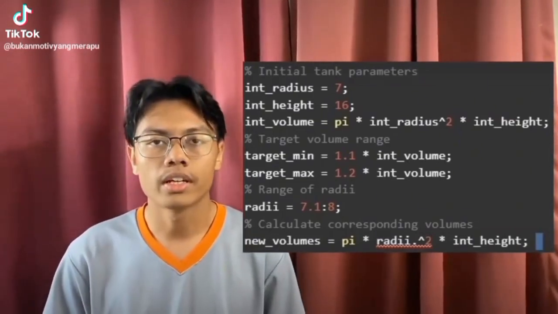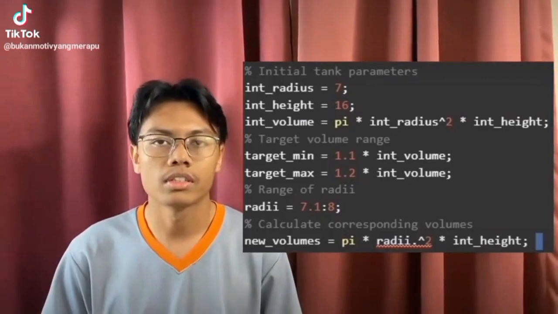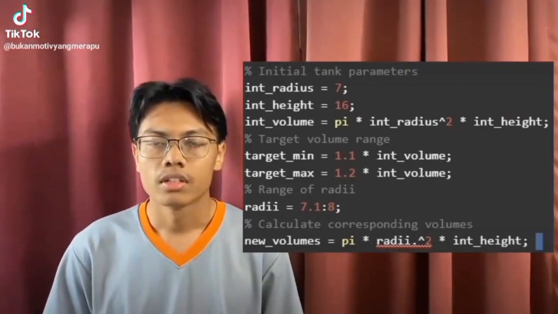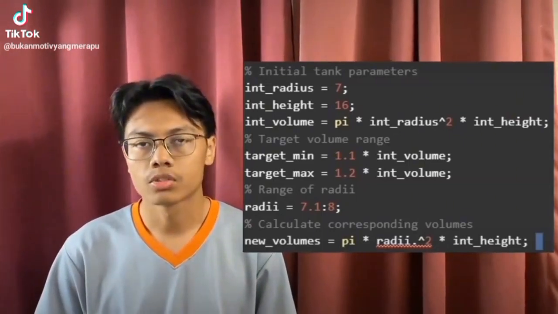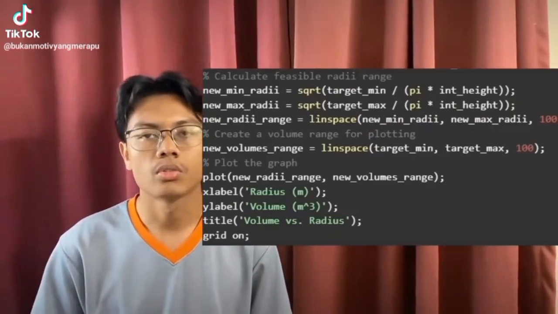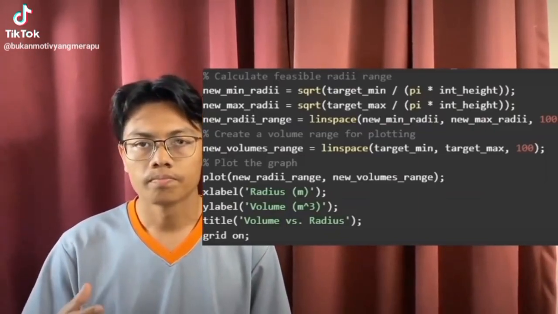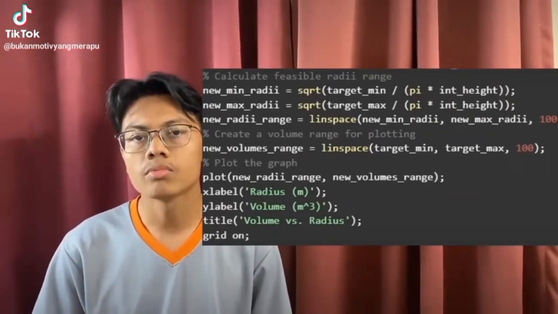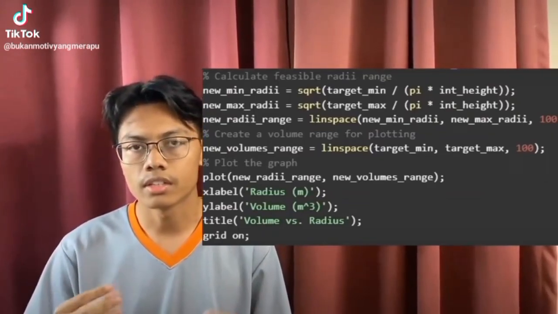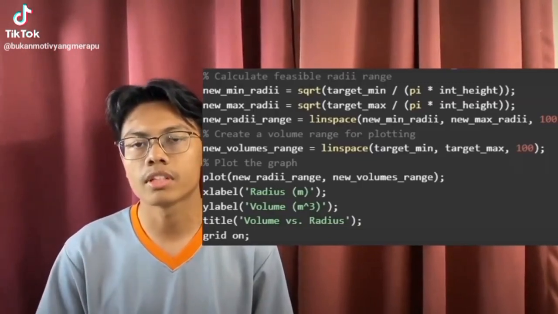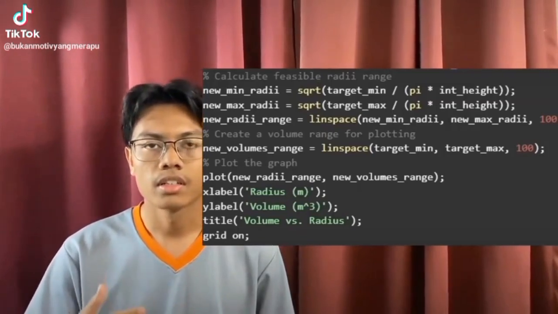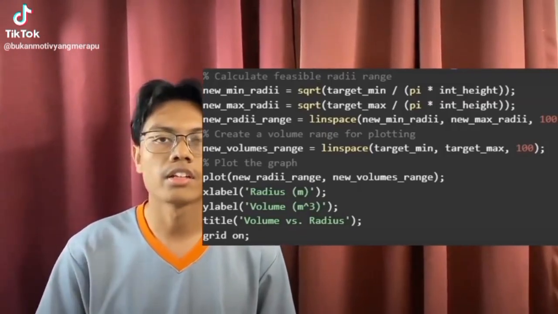After that, we add the formula to calculate the volume, which is pi r square times h, and after that we put some restriction to make sure the tank volume is increased from 10% to 20% only, and we will make sure that the radius is in that range too.